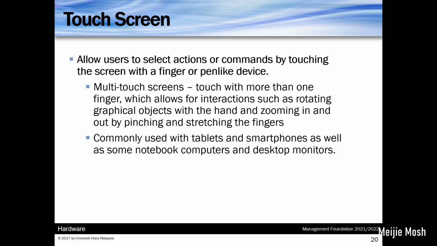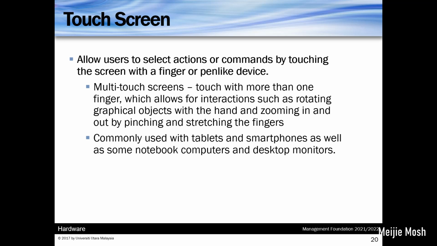The touch panel is normally layered on top of an electronic visual display of an information processing system. It allows users to select actions or commands by touching the screen with a finger or pen-like device. On the other hand, multi-touch screen is touching with more than one finger.